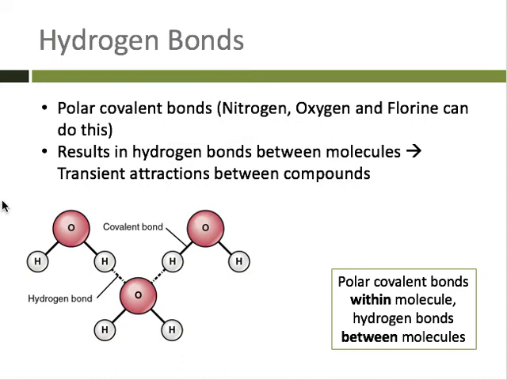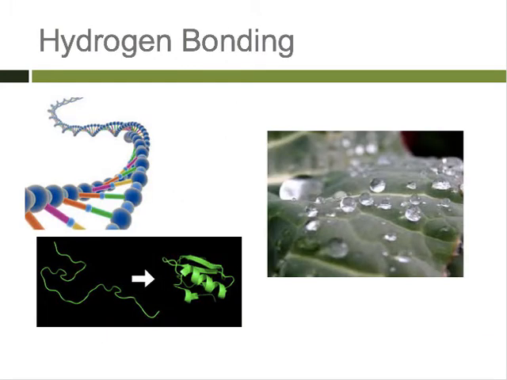So remember, we've got covalent bonds that are polar within each of the water molecules, and we've got a hydrogen bond, which is a slight attraction between the positively charged end of one molecule and the negatively charged end of another molecule. There's a lot of important things that hydrogen bonding does.